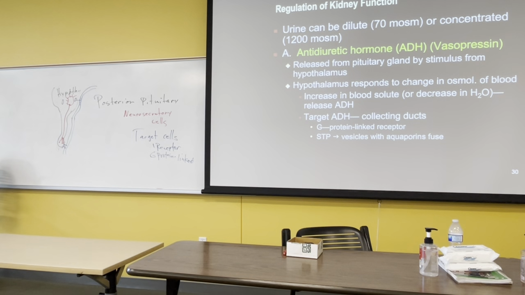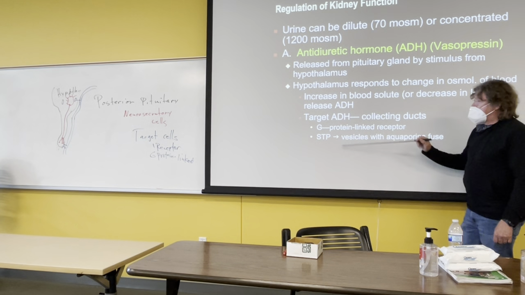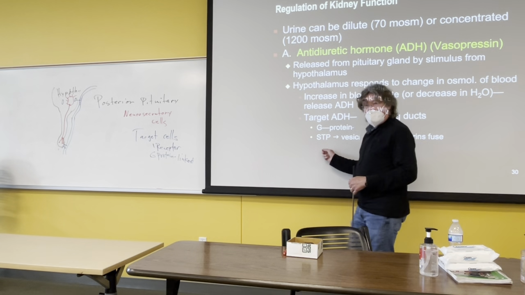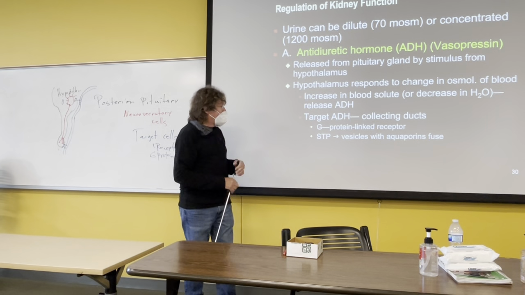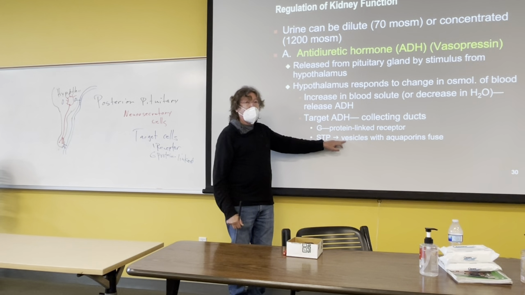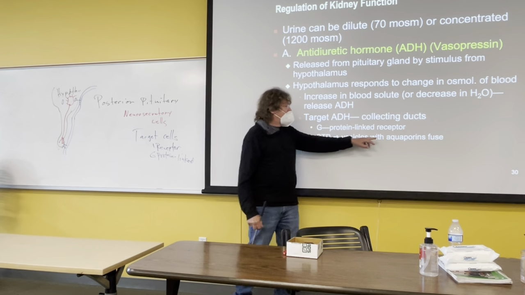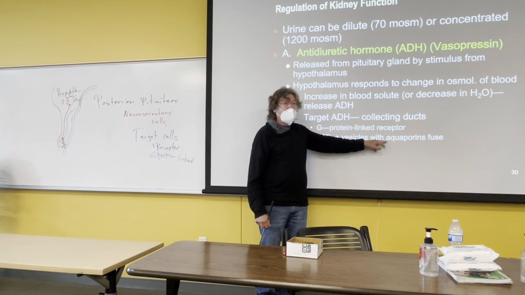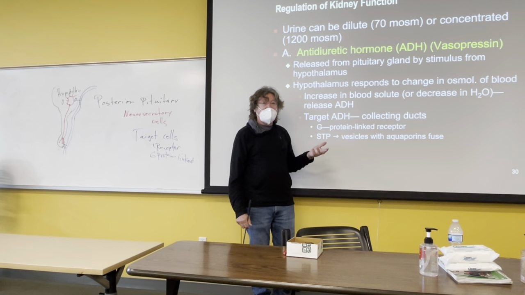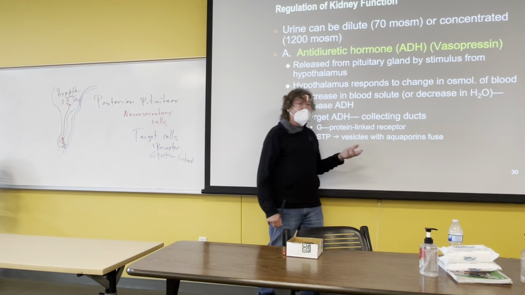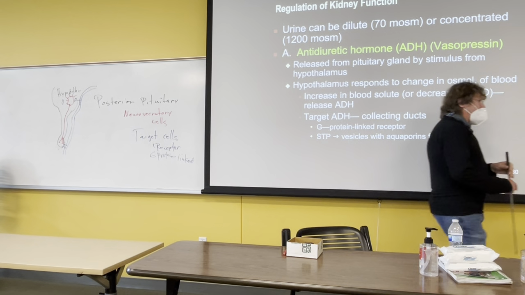What this leads to is a signal transduction pathway through the membrane, a phosphorylation cascade that eventually activates transport vesicles that contain aquaporins in the membrane. These vesicles then fuse with the plasma membrane of collecting duct cells, providing the aquaporins for water to be reabsorbed.